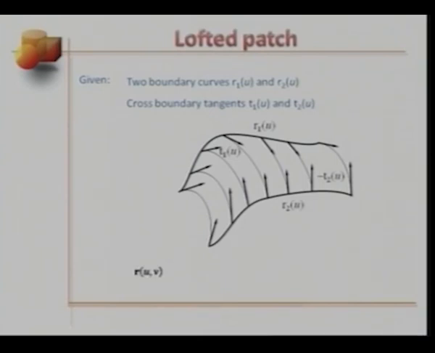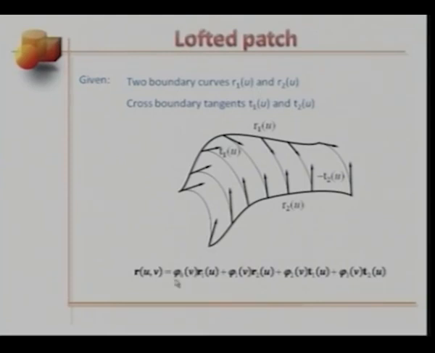Mathematically, a lofted patch can be written as R of uv equals phi 0 of v R1 of u plus phi 1 of v R2 of u plus phi 2 of v T1 of u plus phi 3 of v T2 of u. R1, R2, T1 and T2 are given to us.